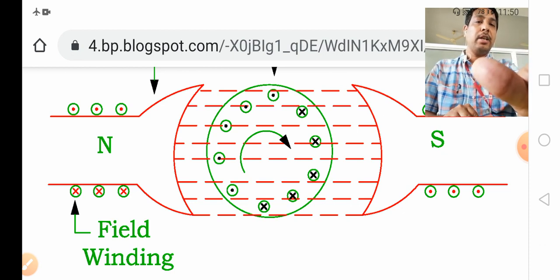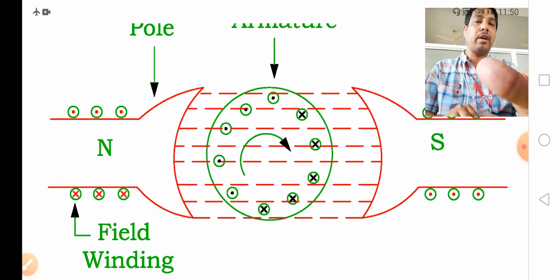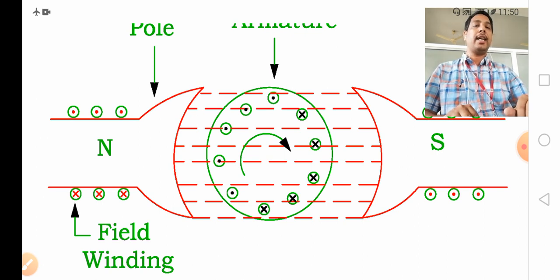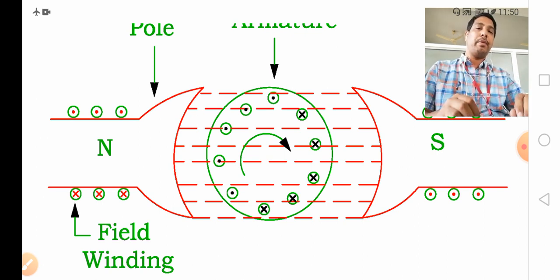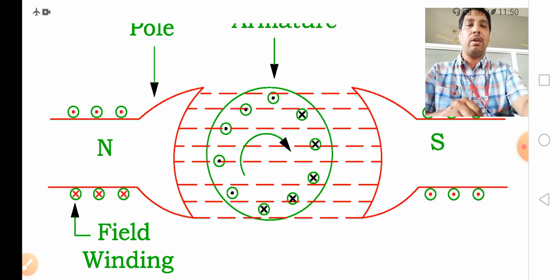So the force flows from the top portion of the north pole to the down part of the south pole. In these two parts there will be more force: upward across the north pole, and more downward across the south pole.